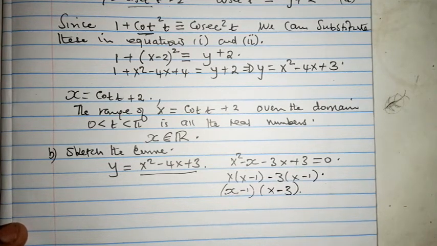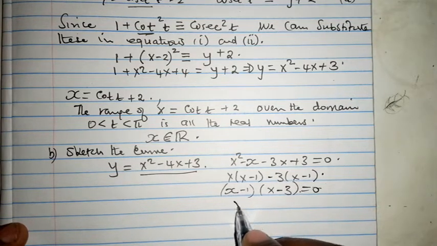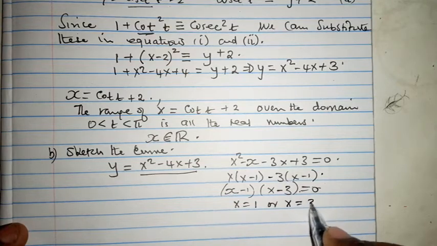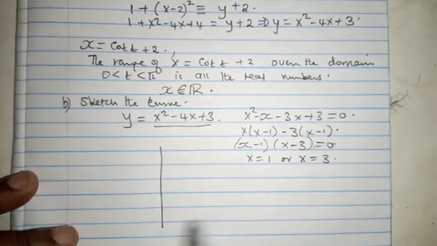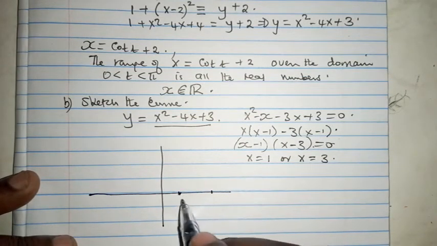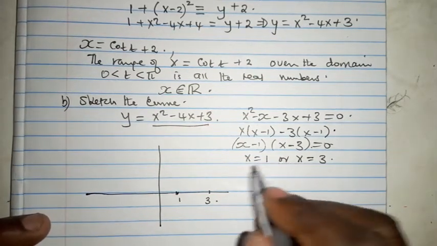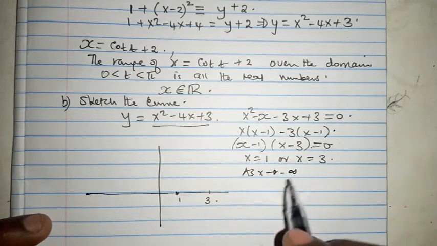In this case, these are the critical values: x equals 1 or x equals 3. If we are sketching the graph, we must have it this way. As x approaches negative infinity, what happens?